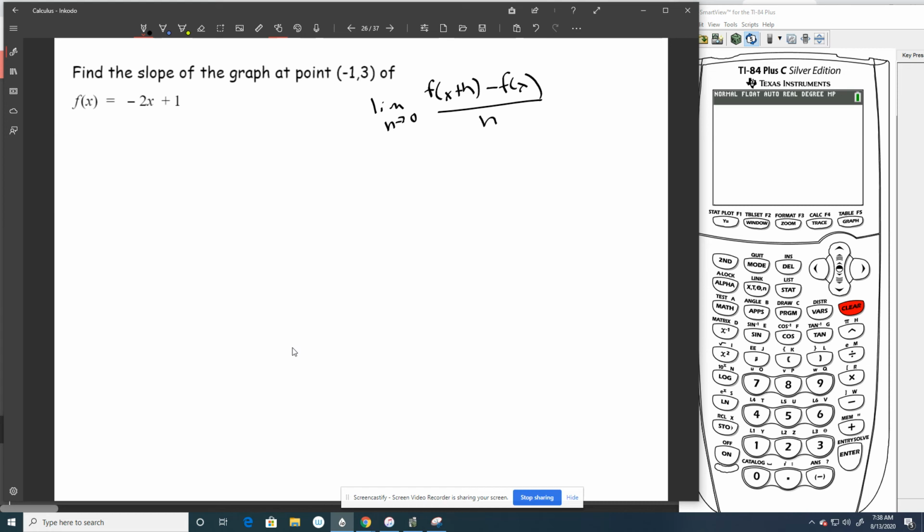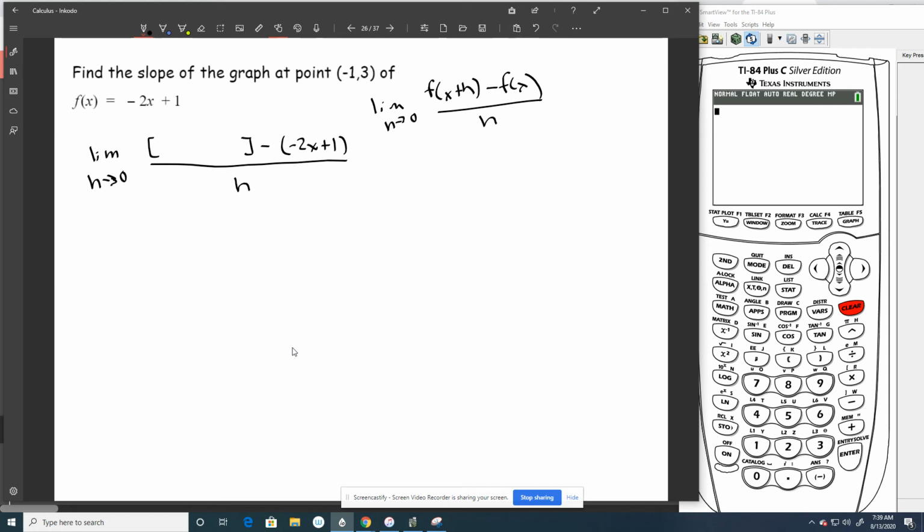Anytime I'm doing this, the first thing that I always do is write my limit as h goes to 0, then my bracket, and then minus my parenthesis, and I'm going to put that over h. So I usually write that first, and then I'm just going to fill in the pieces. My minus f of x is just minusing my function, so I can just write my function right in the parentheses.